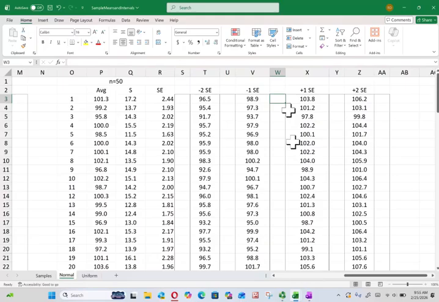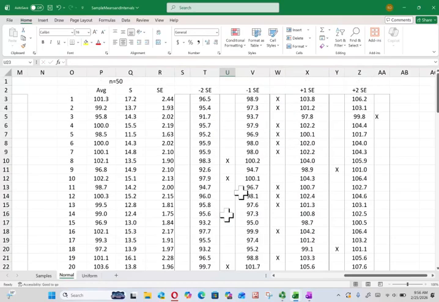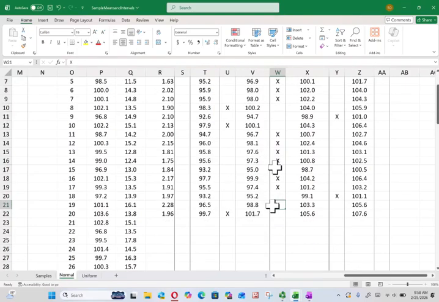So make an X in each one that contains the actual 100 average. I should have the same percentage. The bet is still 68% between plus and minus 1 standard error. These are the bets. I only get one sample, and those are the bets I get to make.